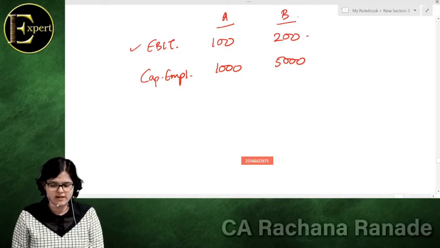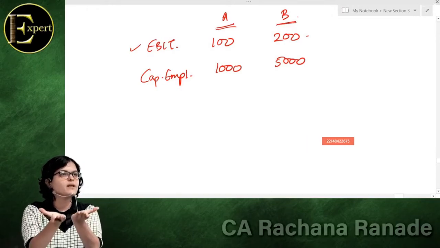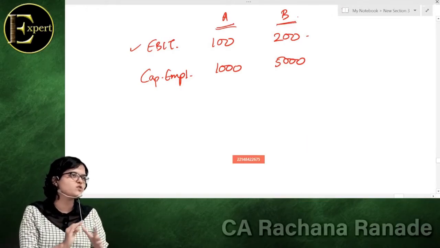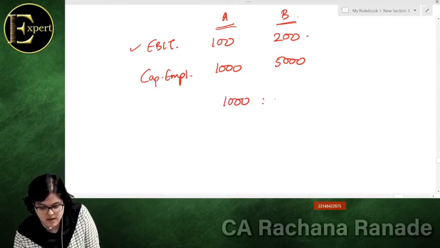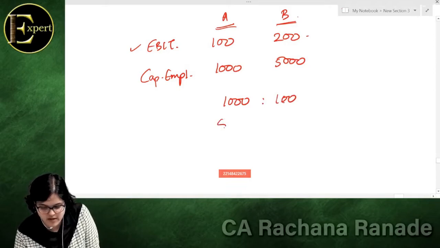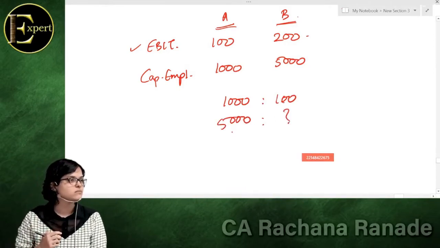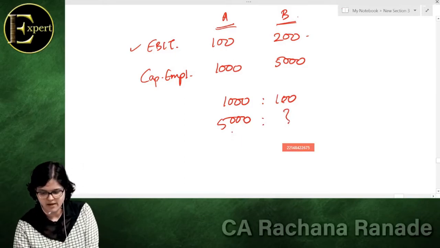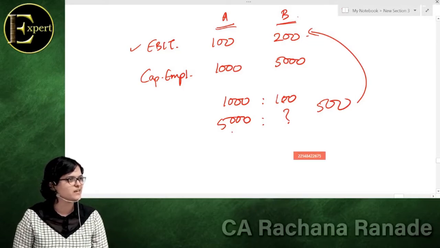So again, I have to make A and B comparable, na? To make them comparable, I have to compare their capital. Again, it's standard ratio analysis. For 1000 of capital, A is earning 100. If they receive 5000 capital, how much can be their EBIT? Basic math, it will be 500. And now compare 500 with 200. Then I can say A is better.